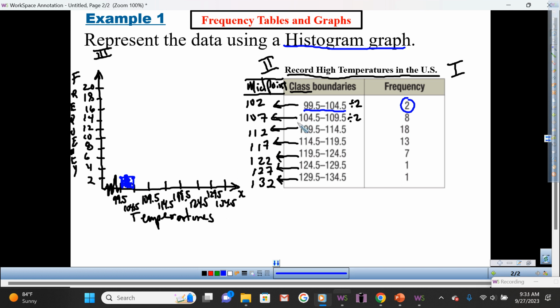Let's go to the next one. From 104.5 to 109.5, what is the frequency? 8. So let's go to 8, 104.5, it's right there, 109.5, and the midpoint of those two is 107. I'm going to make that one bigger. Across, down, and fill in your bar.